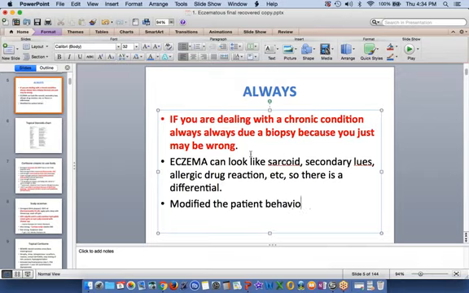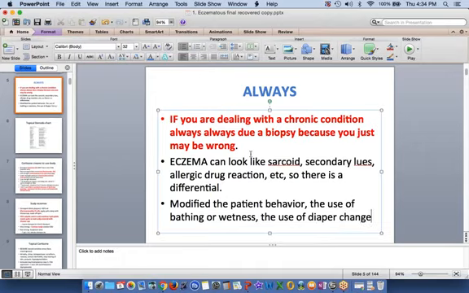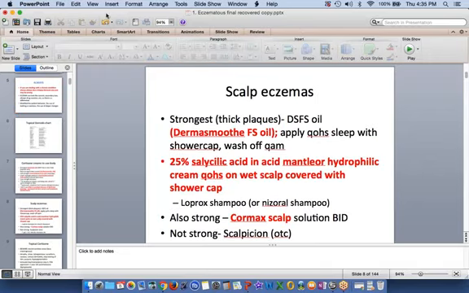And what kind of behavior am I talking about? The use of bathing or wetness, which makes eczema very bad. The use of diaper changes, which in addition should be part of the diagnosis, for instance, okay?